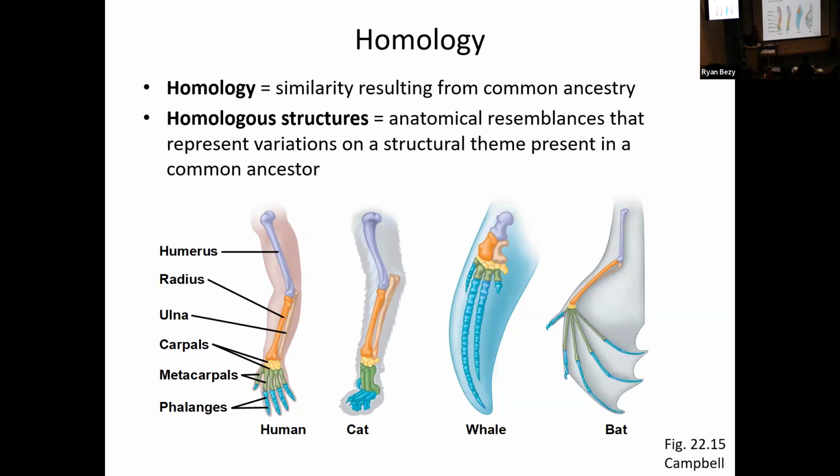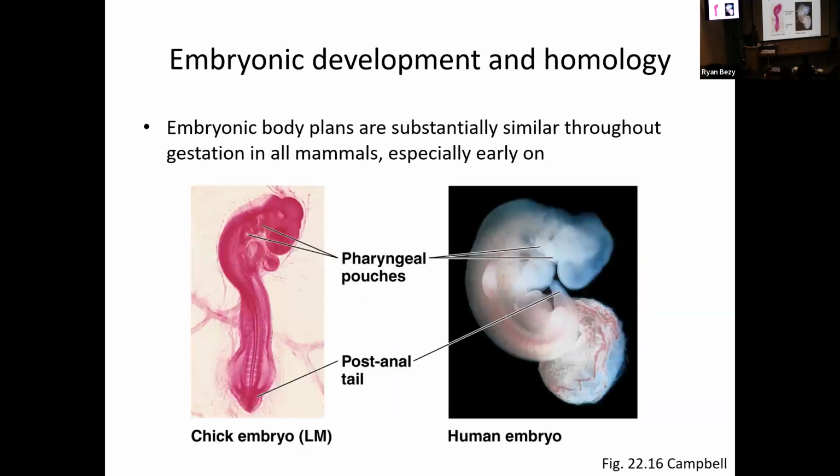We also see homology in embryonic development. So for instance, this is an embryo from a chicken versus a human embryo. And if you look at them, especially early on during embryonic development, they have a lot of the same structures and look fairly identical. So you have some things like pharyngeal pouches.